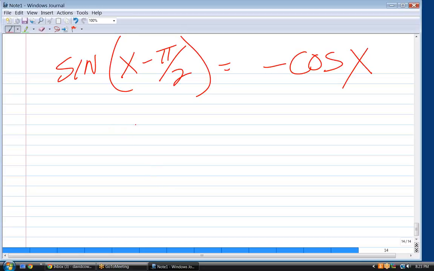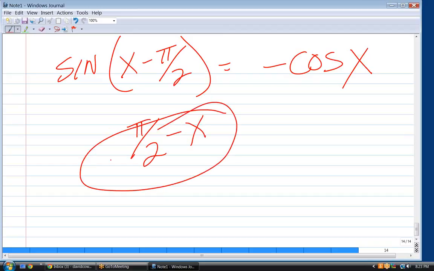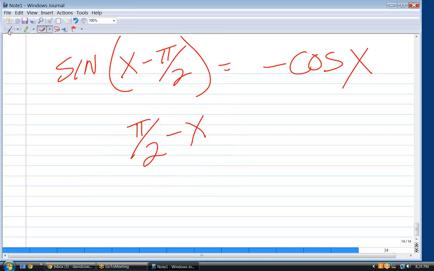What we're looking for always on our cofunctions is this, because we know that any trig function of this angle is the cofunction of x. So if I said, what is the tangent of that, it would be the cotangent of x. If I said, what is the sine of that, it would be the cosine of x. If I said, what is the secant of that, it would be the cosecant of x.